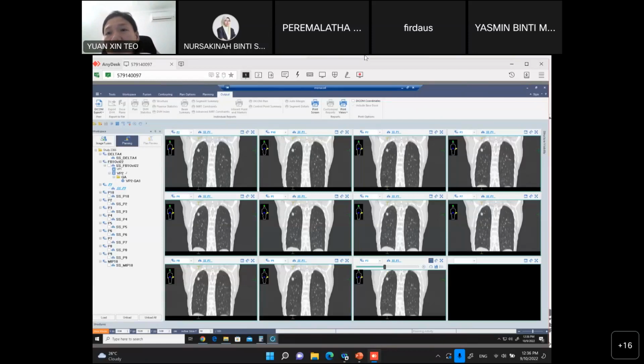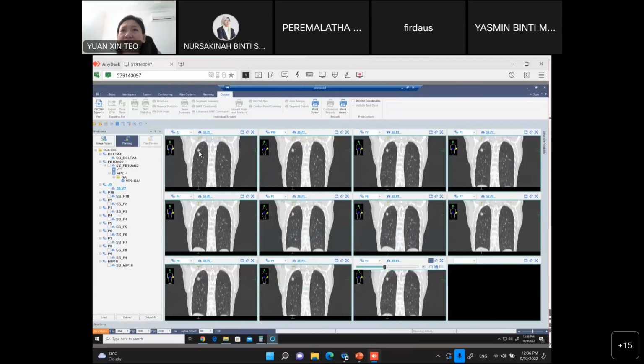Actually, overseas, they have used this technique a few years back, but in Malaysia we only recently, maybe 1 or 2 years back, started using these techniques. For this lung patient, you can see a small lung tumor over here. There is only one small tumor in this patient.